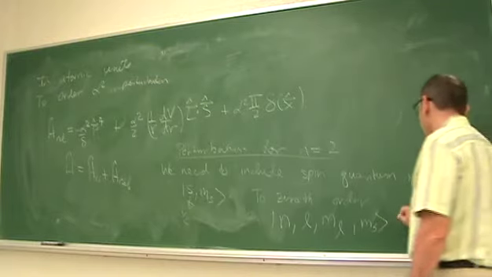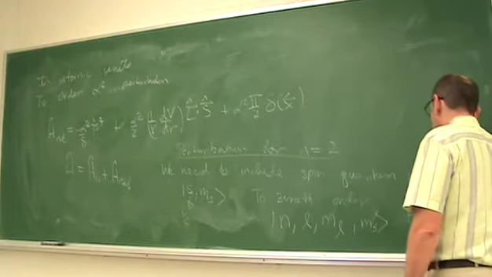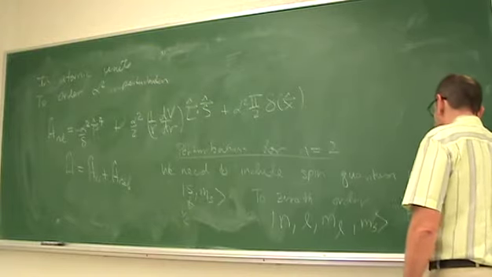So the energy to zeroth order is minus a half over n squared, with the degeneracy of twice n squared.